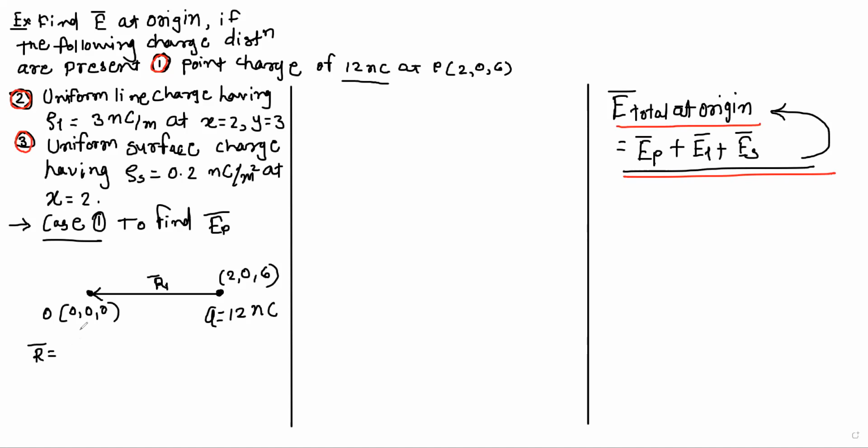It is going to be 0 minus 2 a bar x, plus 0 minus 0 a bar y, plus 0 minus 6 a bar z. So finally what I get here is minus 2 a bar x minus 6 a bar z.